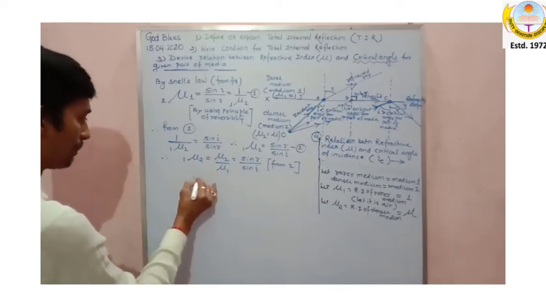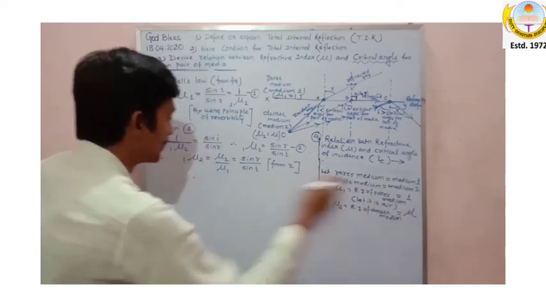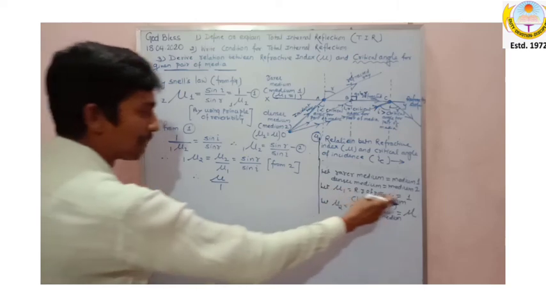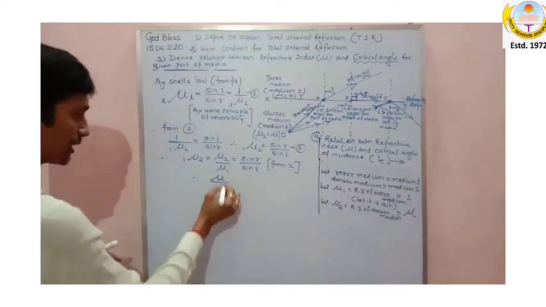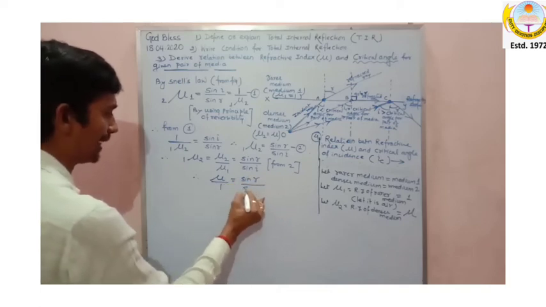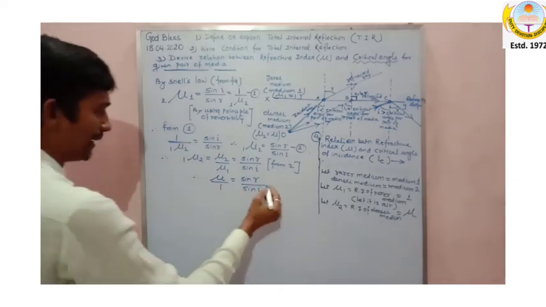Now mu 2 is mu, so this is mu upon 1. Mu 1 is 1 because I assume the rarer medium as air. So mu upon 1 is equal to sin R upon sin I.